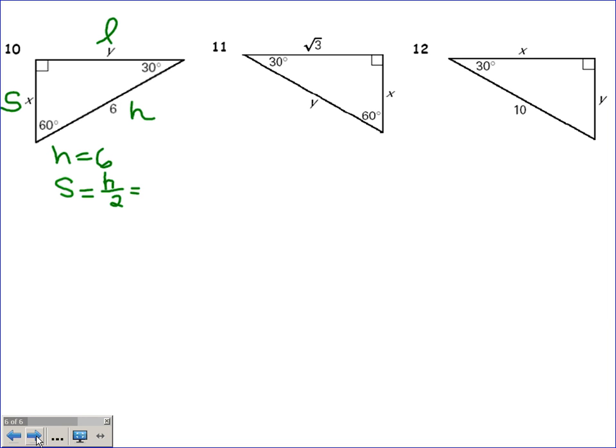It's h divided by 2. Okay, so what's h? Okay, divided by 2. What's 6 divided by 2? 3. So our short side is 3.